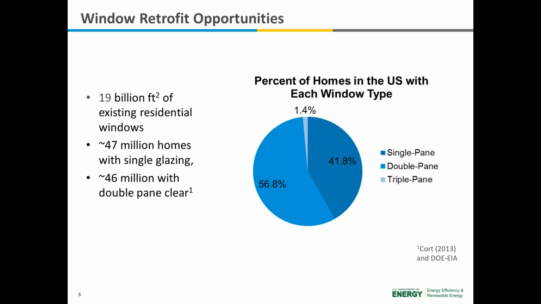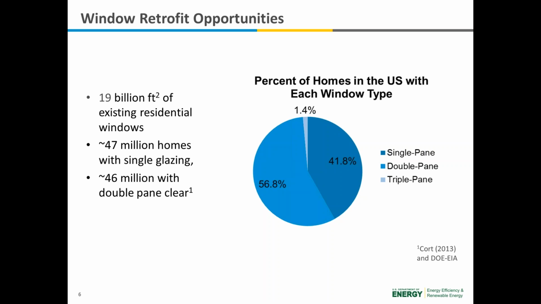The data from this pie chart is taken from the Residential Energy Consumption Survey that DOE conducts periodically. I think it's interesting to know we've been looking at this data through the years, and what we've seen is that the presence of single pane windows in homes has persisted over the past 2 decades, despite the fact that approximately 30 million windows are replaced each year with higher performing insulated windows.